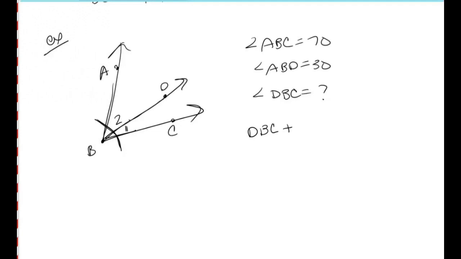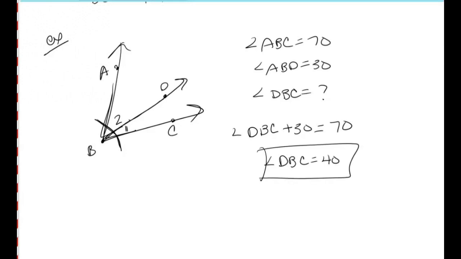But if I add him to ABD, which is 30, then together I'm going to get 70. And now you'd be able to solve by subtracting 30, and angle DBC is 40. So you're going to apply the same information from the segment addition postulate to the angle addition postulate here.